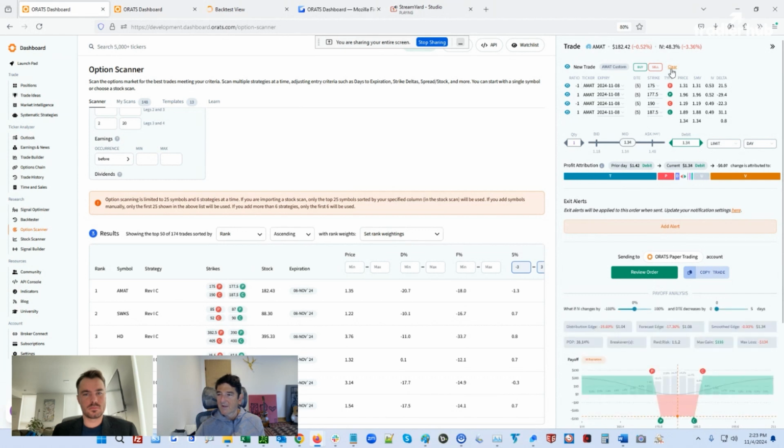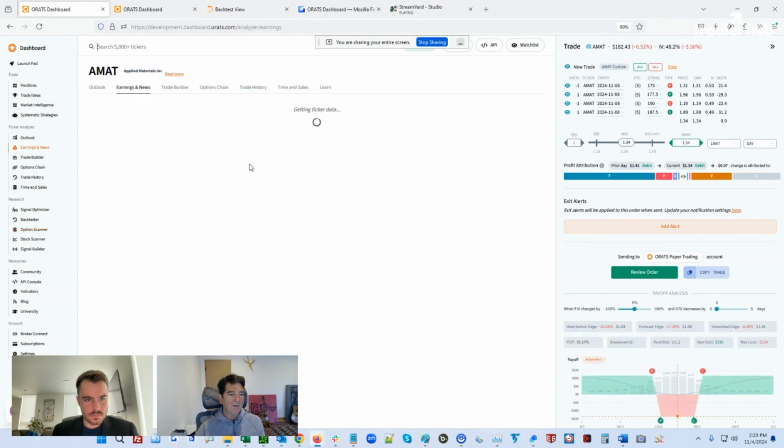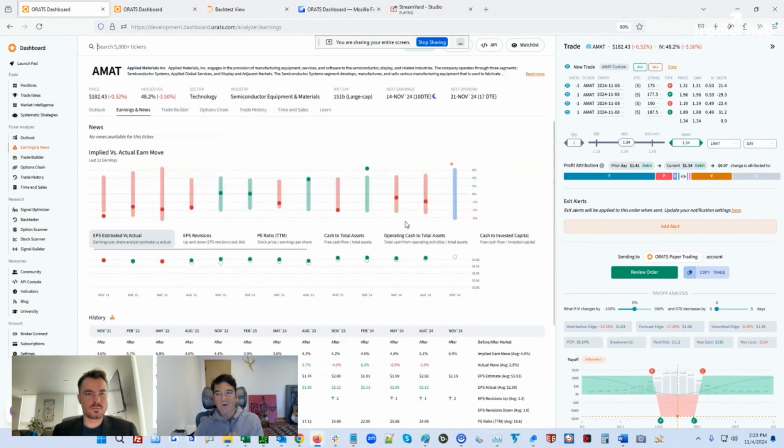So in our case, some of these moves, this move only needs to go to 176. So that's only down 6. So that's probably not enough for AMAT. Let's just look at what the average earnings move in AMAT is, about 3%.